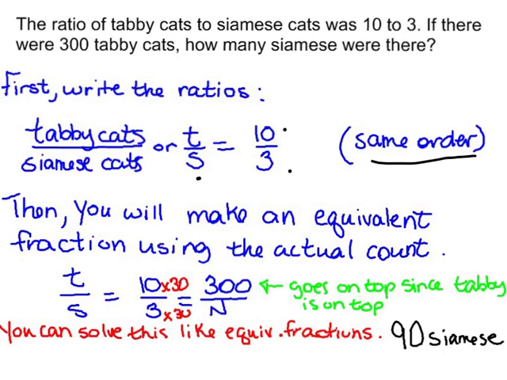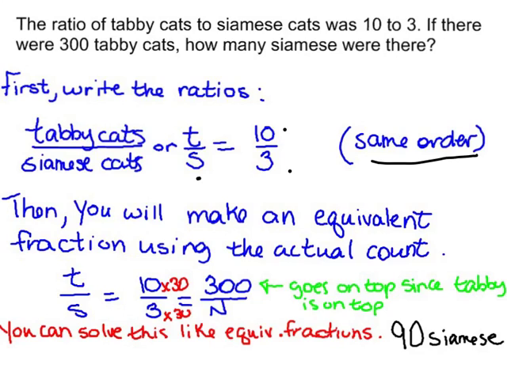Okay, we're going to keep the same order. Then make an equivalent fraction using the actual count. If there are 10 tabbies to 3 Siamese, and if I now have 300 tabbies, how many Siamese would I have?